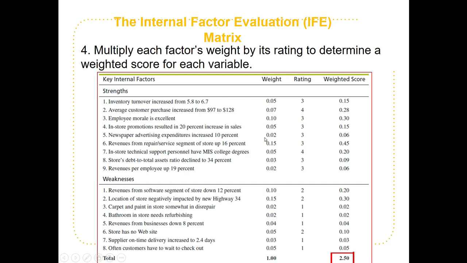Remember your weights should always have a total of 1. And then you compute the total weighted score of your internal factors. Okay, there you go.